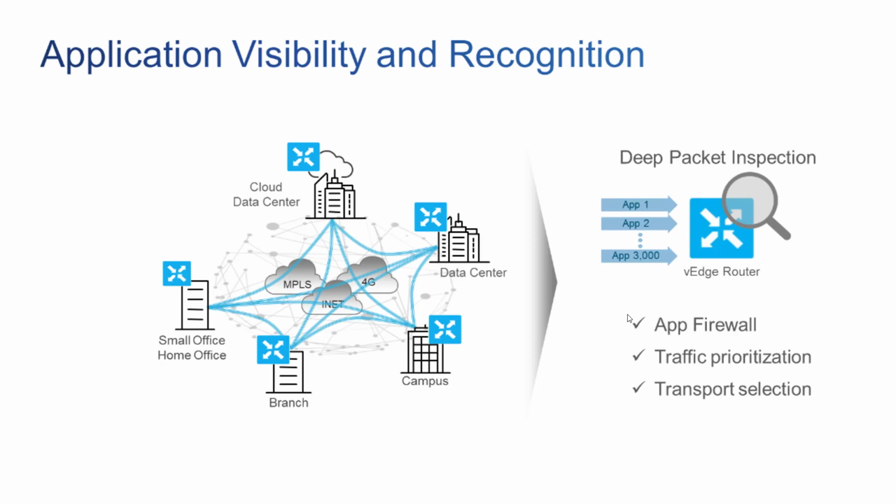DPI, or Deep Packet Inspection, requires an additional license, but it is a feature that's available in the SD-WAN devices, and we use the Cosmos QoS-MOS Deep Packet Inspection Engine, which has about 3,400 or so different applications that it can recognize.